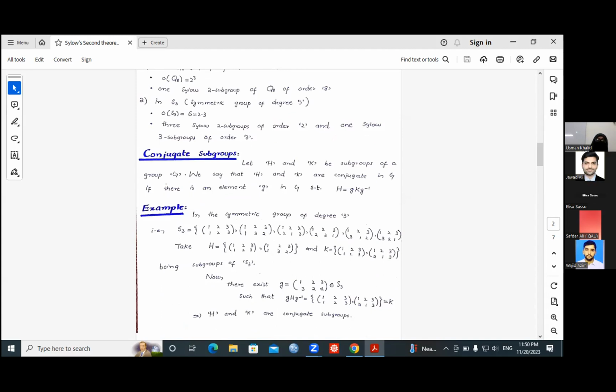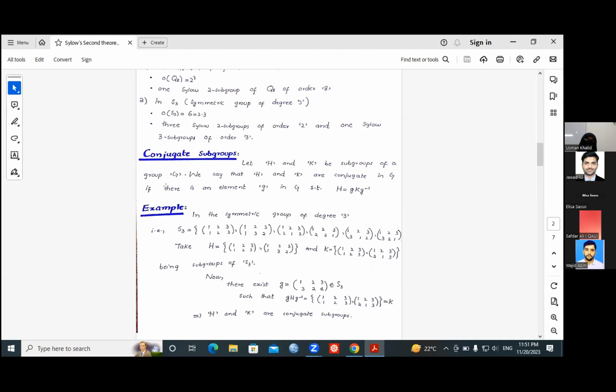Now, if we define a relation on the group as two elements a and b are related if and only if there exists an element h from the subgroup H and k from the subgroup K such that a equals bhk, then we can easily see that this relation is an equivalence relation. So it will divide the group into the disjoint union of equivalence classes.